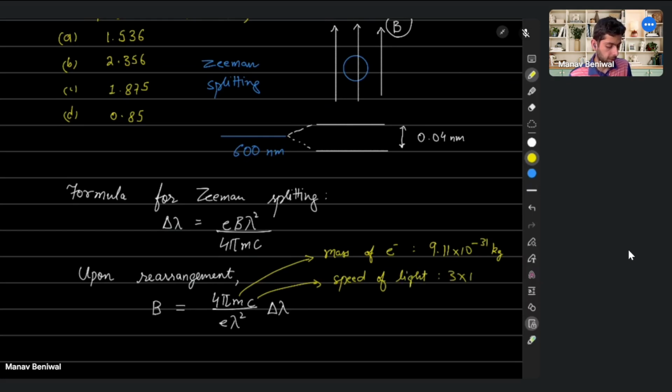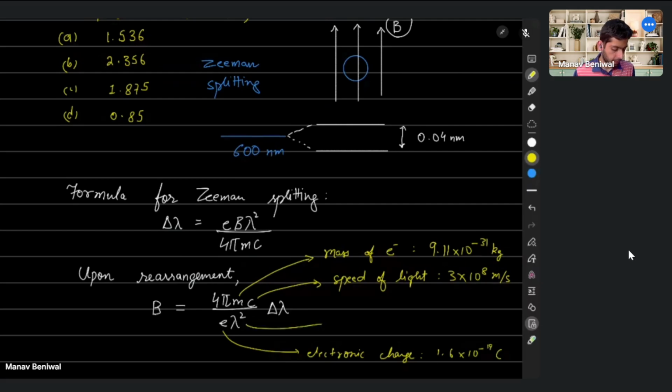We all know its value is 3 times 10 to the power 8 meters per second. E is electronic charge, and it is 1.6 into 10 to the minus 19 coulomb.